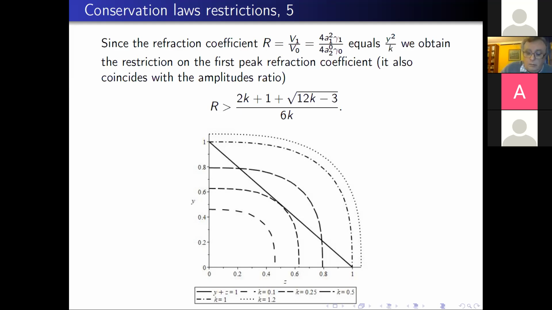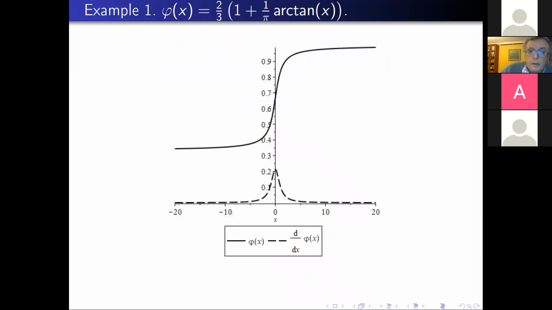And for small variance, in this case, the admissible domains consist of two, well, almost triangles. This one and this one. In this case, a bisoliton appears. Well, let's see some examples.